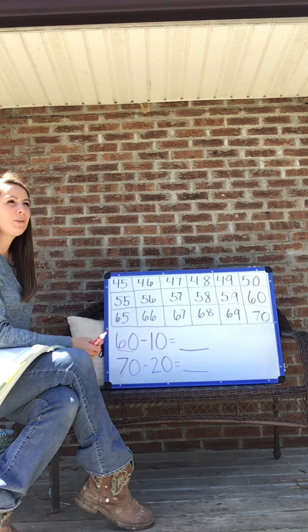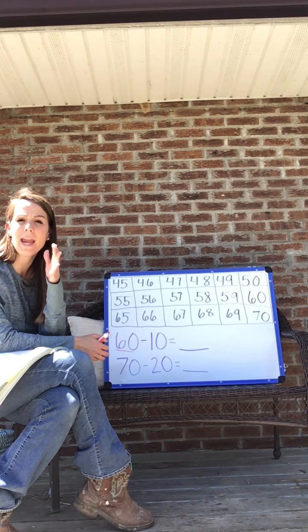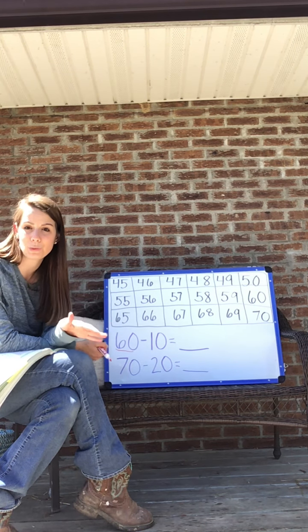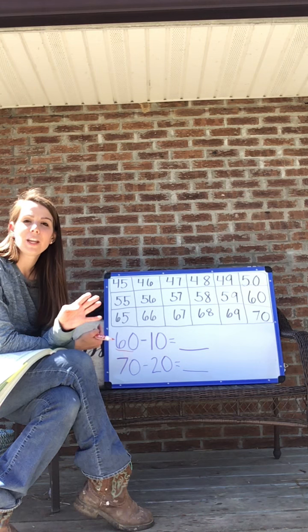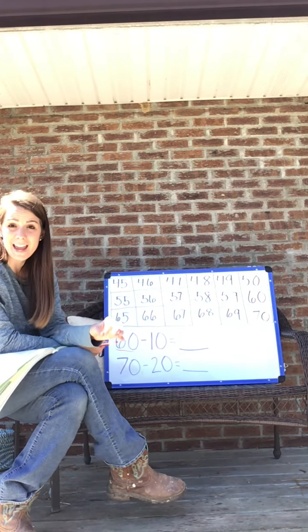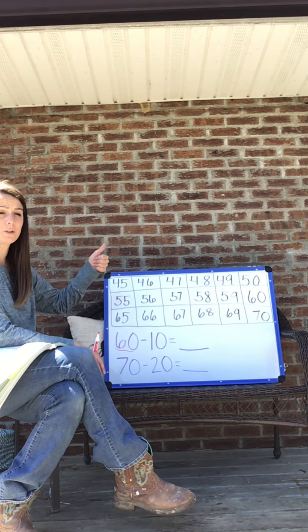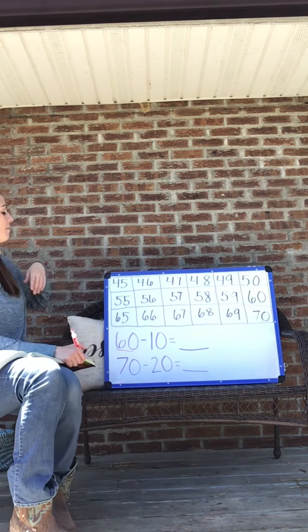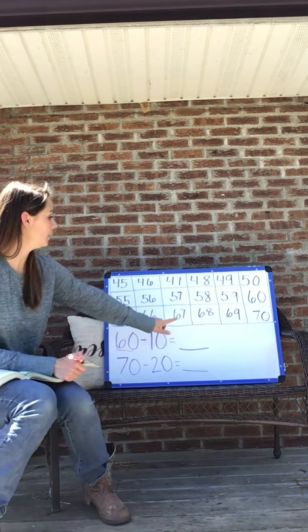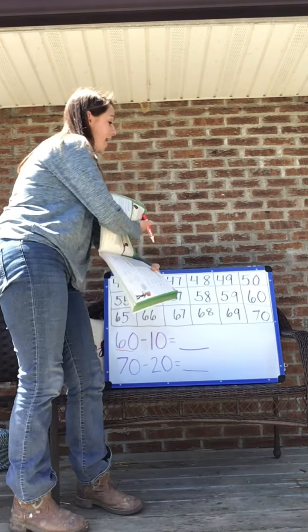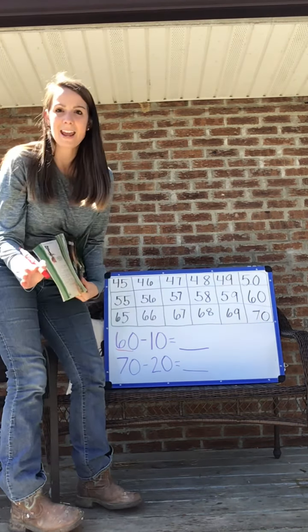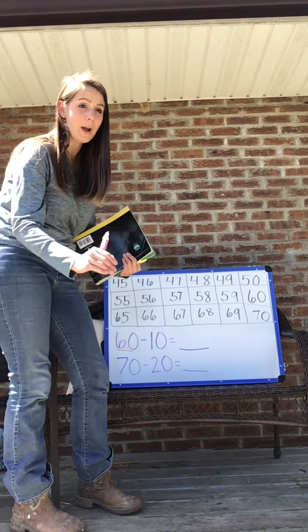If you think way back before we left school, we learned that 10 less than a number is straight above it on the hundreds chart. So I'm at 60, and I'm getting rid of 10. I need to take 10 away.